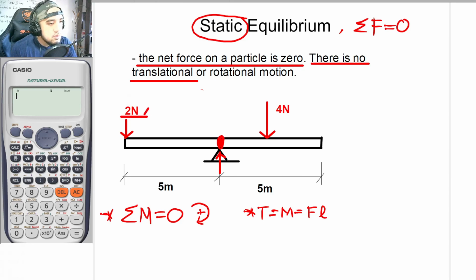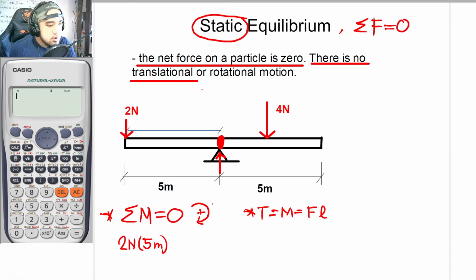For this 2 Newton force here, its torque or moment is 2 Newtons times the lever arm. The lever arm here is measured from this location up until the force, the perpendicular distance from this point up until the force. Thus, this is 5 meters. So 2 Newtons times 5 meters.